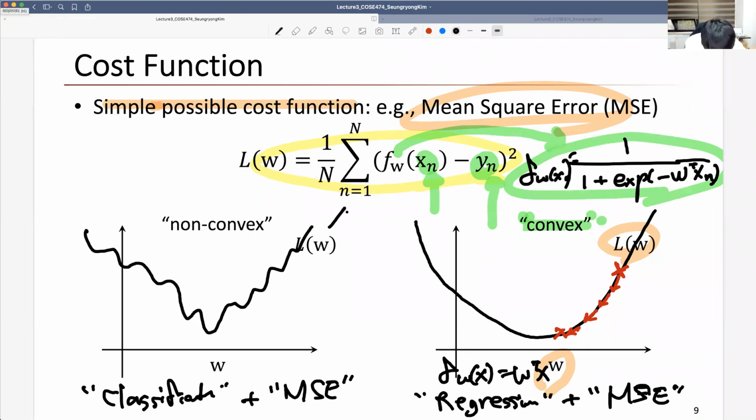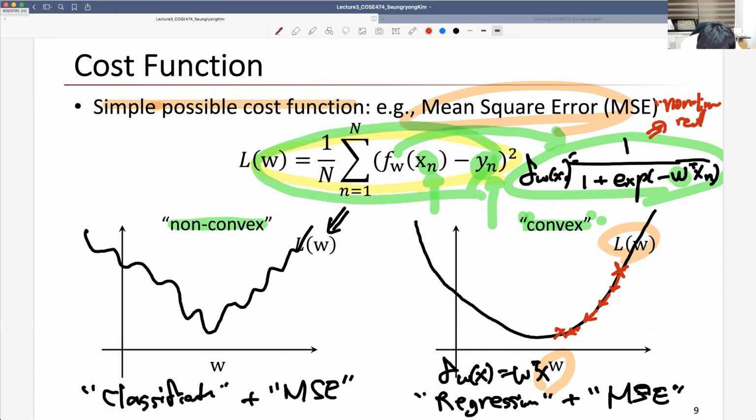You can draw this one yourself, but if we draw the function with respect to the W here, it looks something like this. This is due to this nonlinear relationship. Okay, you know what I mean?